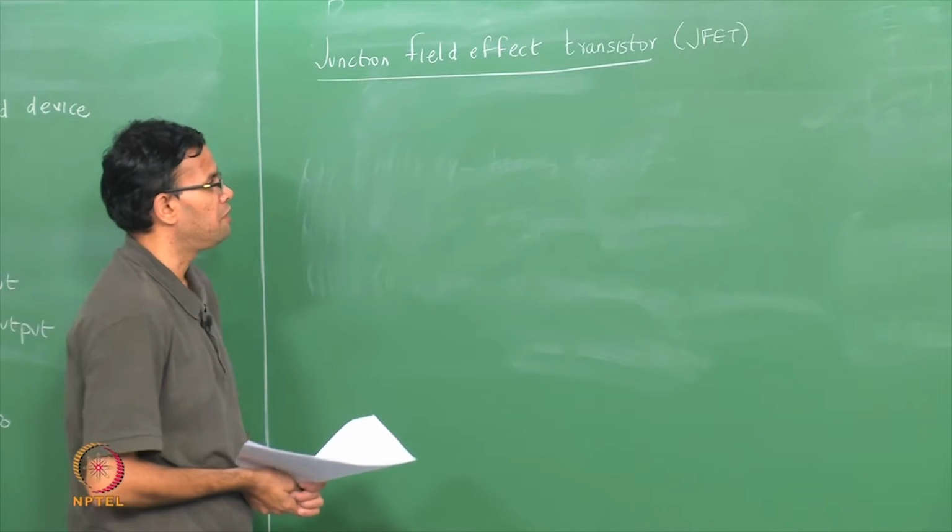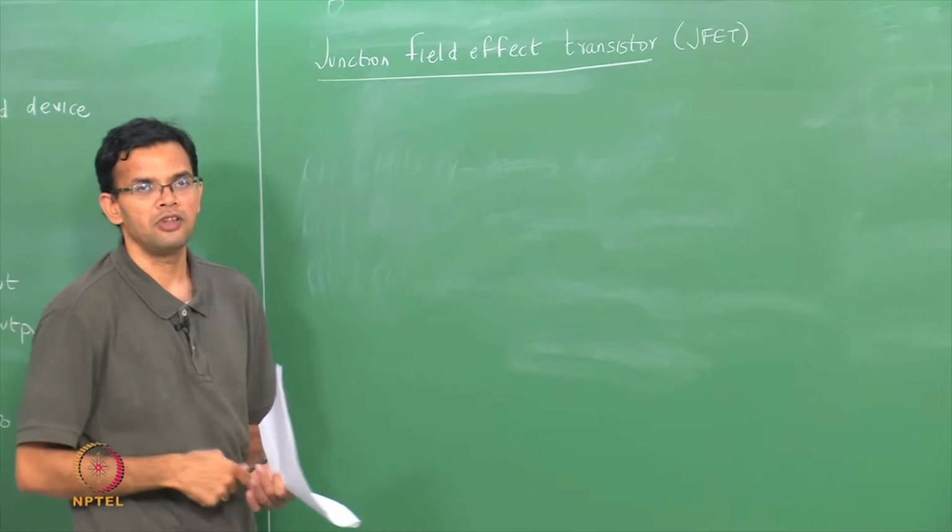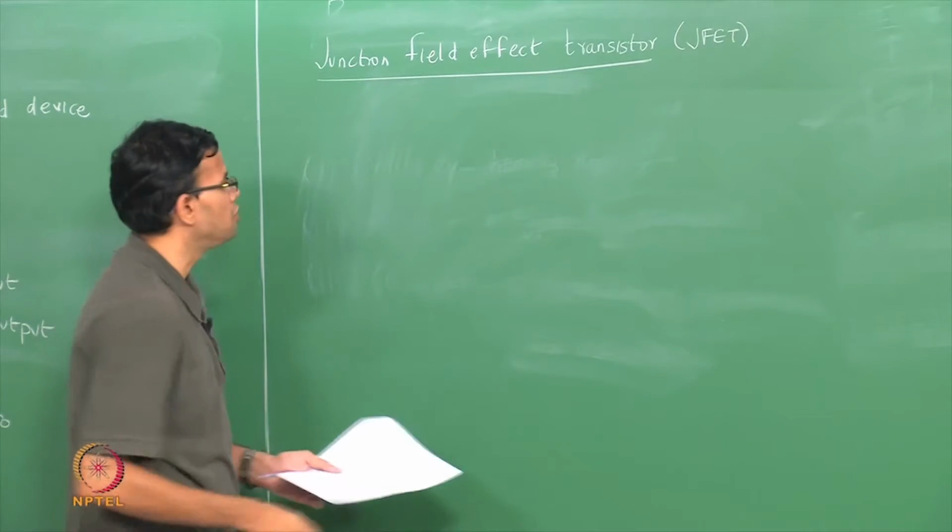So, both the JFET and the MOSFET, which is what we look at after this, are voltage control devices.